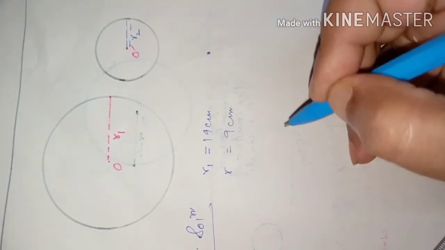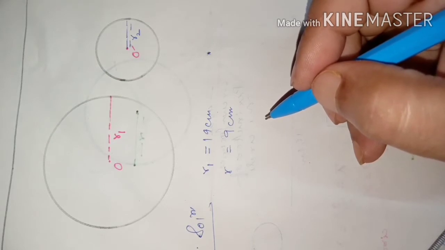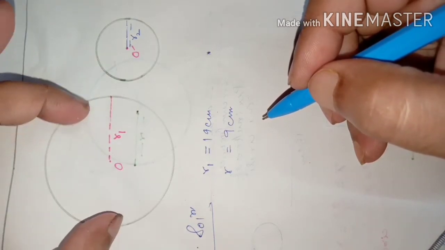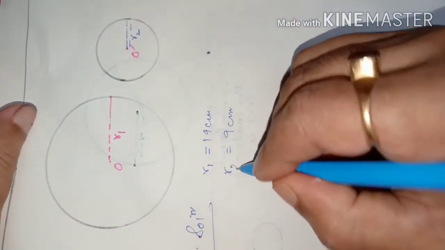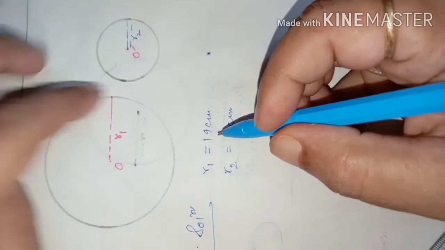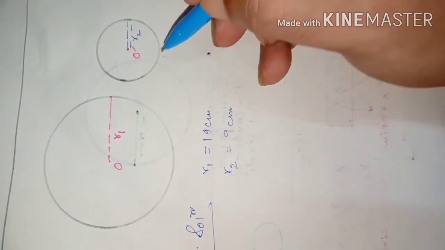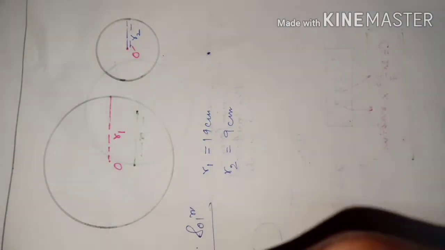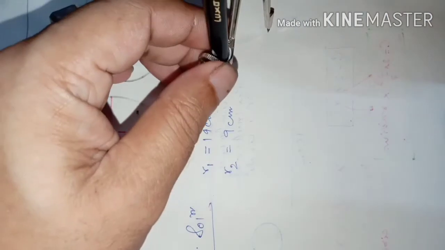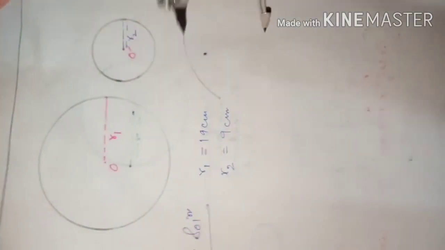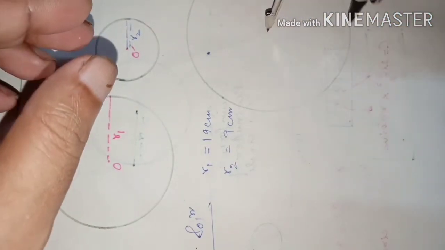Now, according to the question, C1 is the circumference of this circle, and C2 is the circumference of this circle. Then there is another circle whose circumference is equal to the sum of these two circumferences, meaning there is one bigger circle like this, bigger than this.